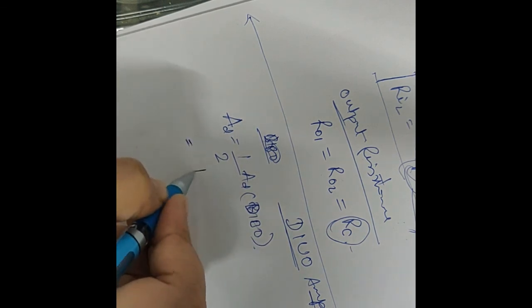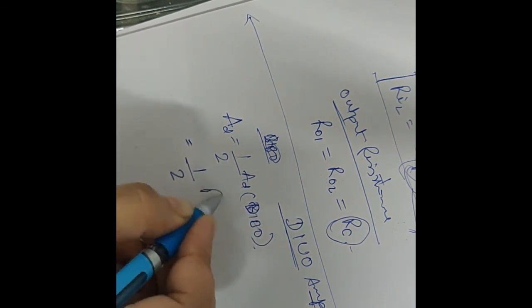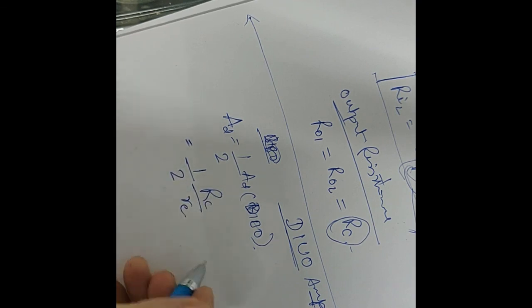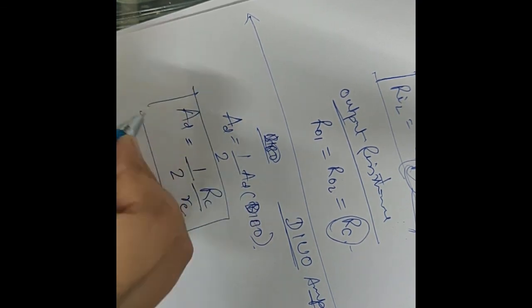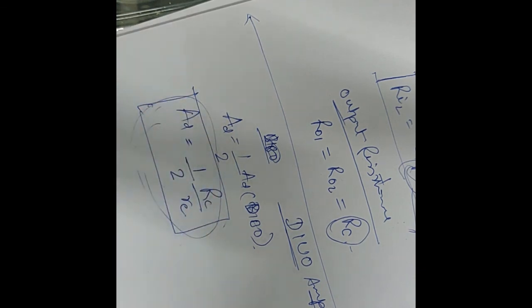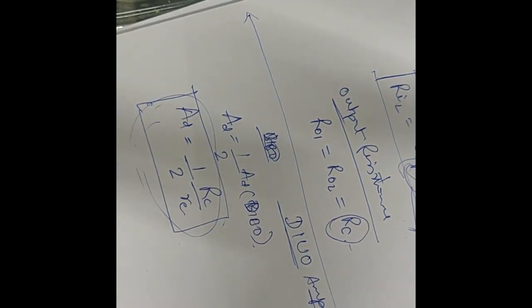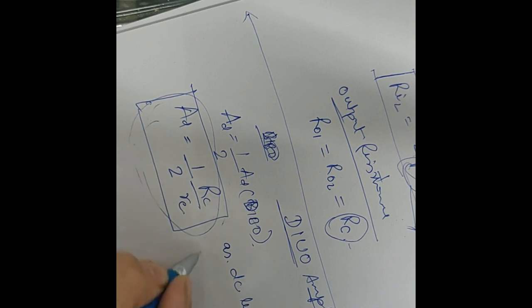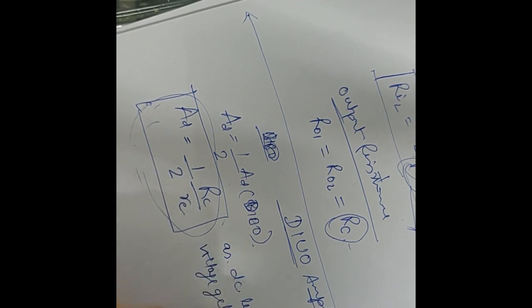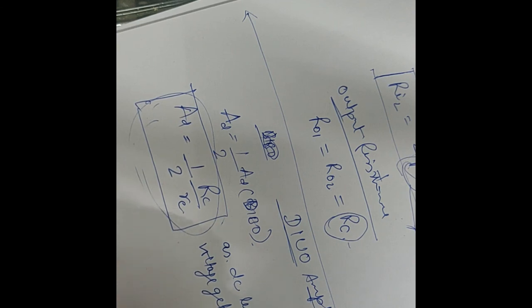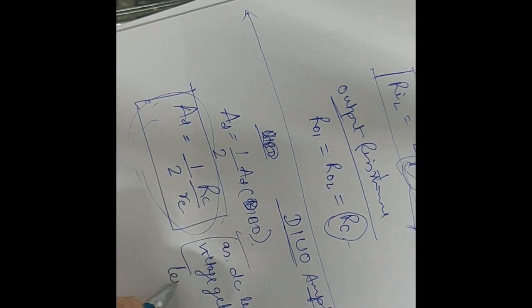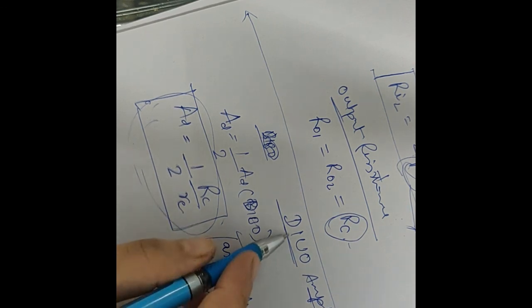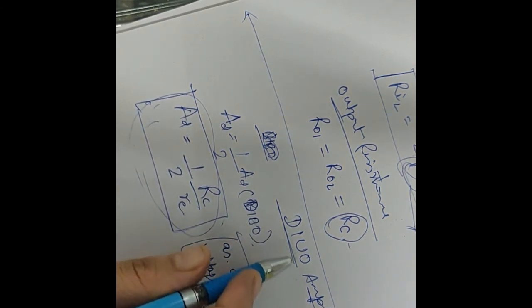So that will be nothing but half of RC upon RE, and this is the voltage gain. So you will see that the voltage gain gets reduced in the dual input unbalanced output, and the DC level of the output voltage gets shifted. That is why we need a level shifter or translator after the dual input unbalanced output stage.